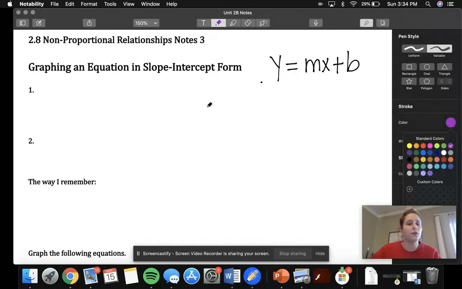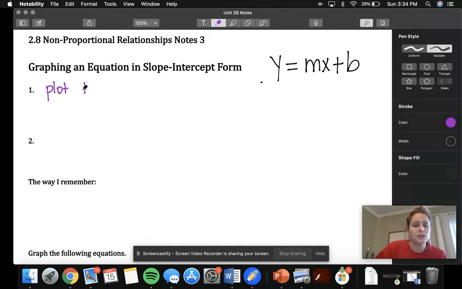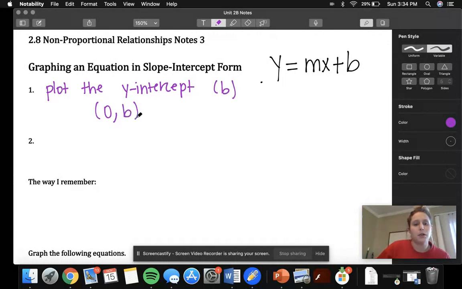First, we are going to plot the y-intercept. We see that y-intercept with our b value. To plot that, we will plot (0, b), or we will basically just plot that value on the y-axis.